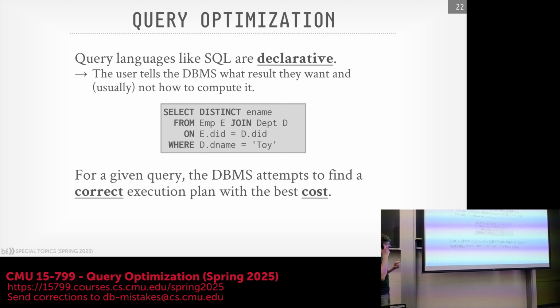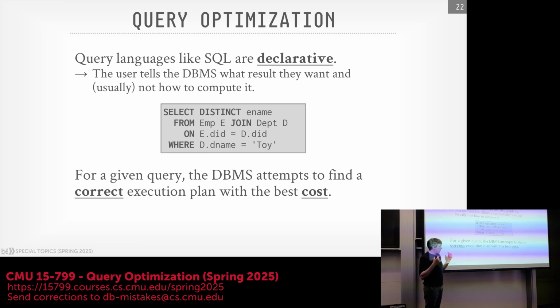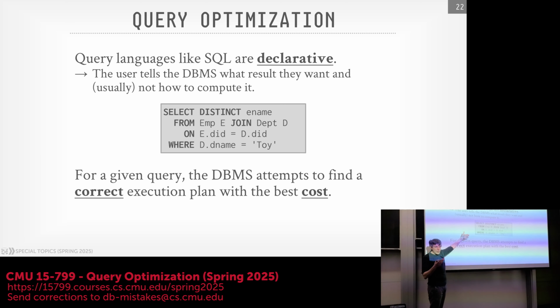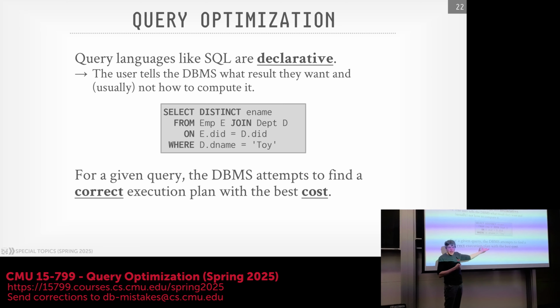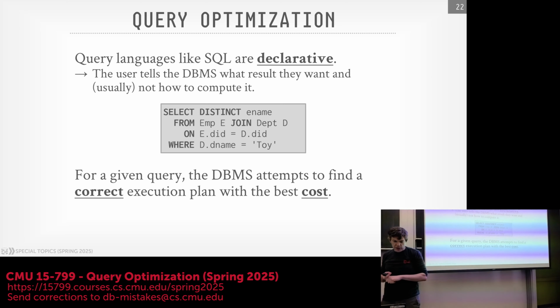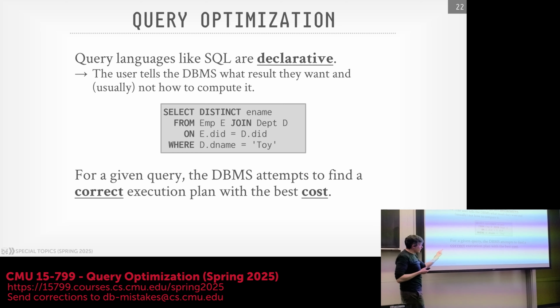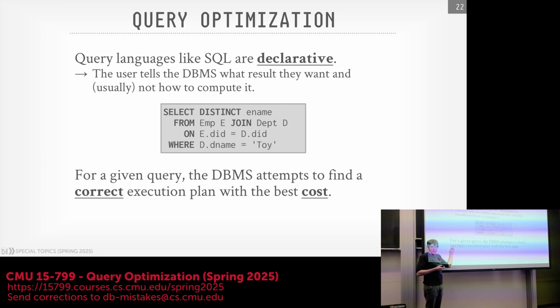The magic of relational database systems that support SQL is that they try to find a correct execution plan for your given query, potentially without any prior knowledge of having seen this query before, and they try to find the one that has the best cost. Cost is something relative that we'll discuss throughout the semester. But the key thing is that the plan be correct. Who cares if our query reads from /dev/null and produces no results?